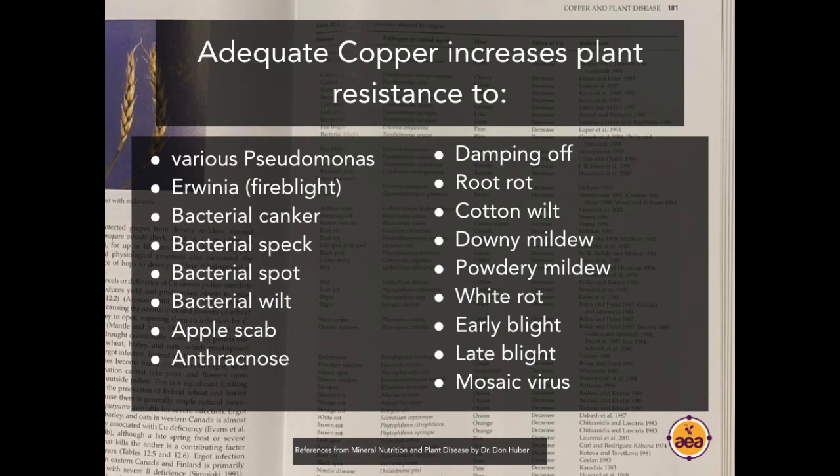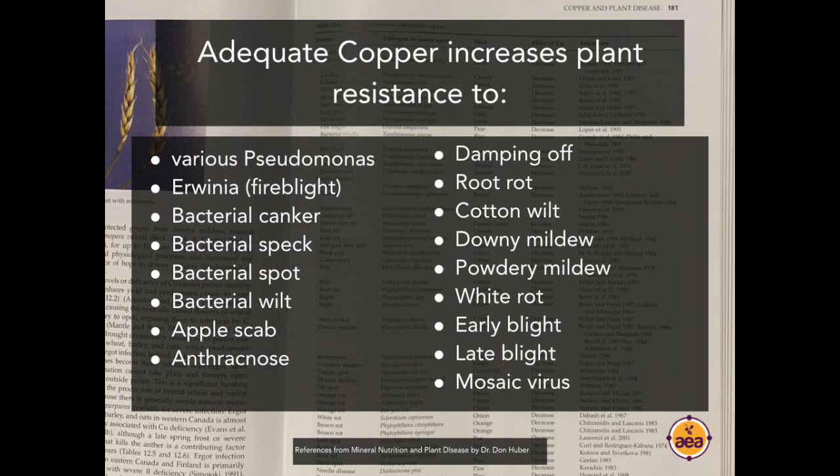When we look at the list of diseases that copper provides resistance to, it's a very extensive list. Bacterial canker, all types of bacterial diseases, bacterial canker, bacterial speck, bacterial spot, bacterial wilt on a number of different crops. And when you stop to think about it, one of the mainstream management tactics for managing bacterial infections in crops is with applications of copper.